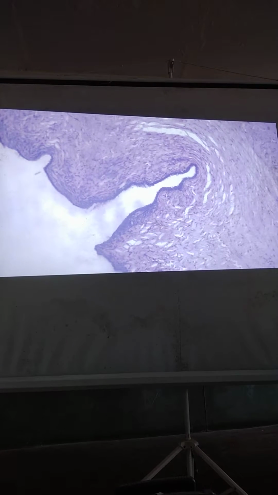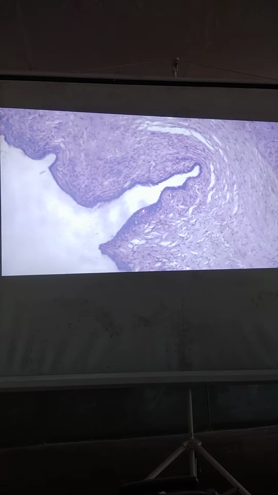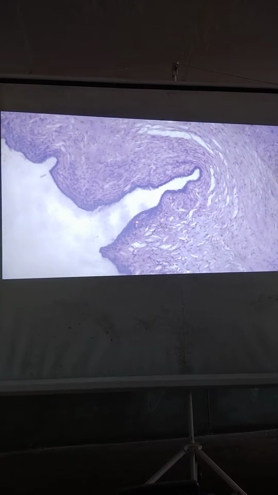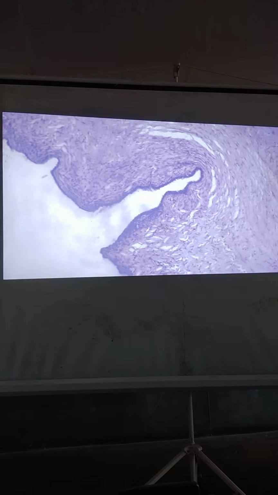Adenoma because it is arising from the glands. Now, if this lining recapitulates the lining of the cervical or endocervical epithelium, then it becomes mucinous cystadenoma.